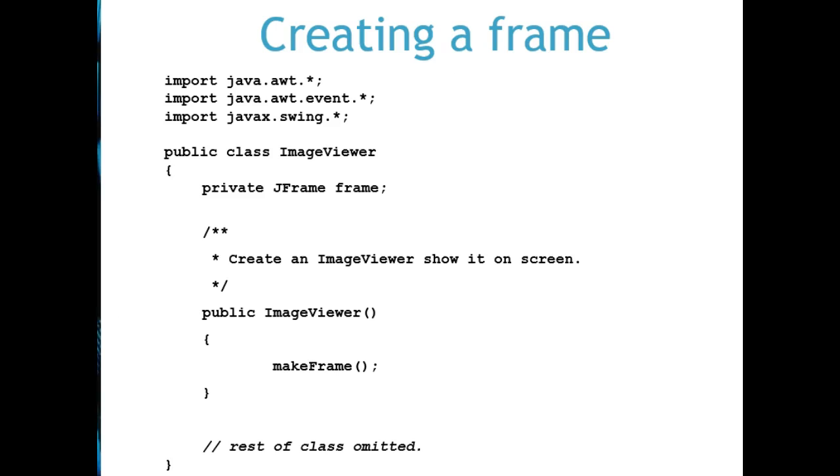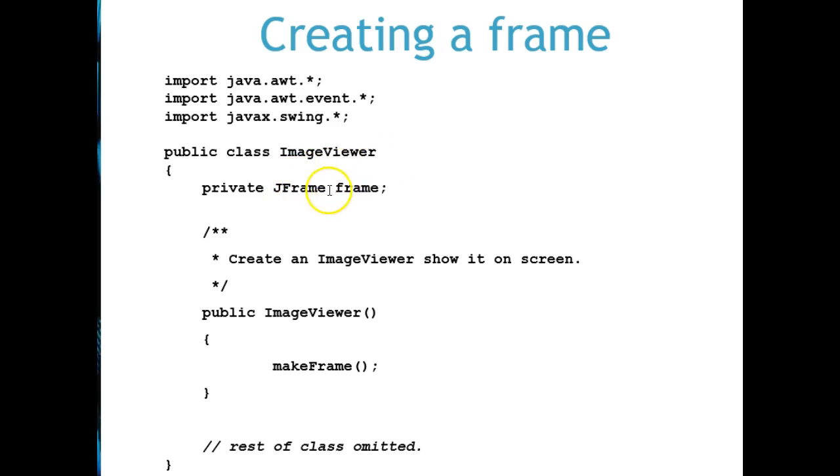So this is the source code for creating a frame. We are importing the Java library, and also we are importing Swing, because remember we are going to use the Swing version. So in here we are basically using the JFrame.